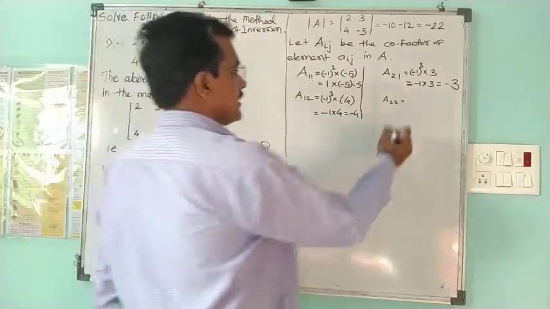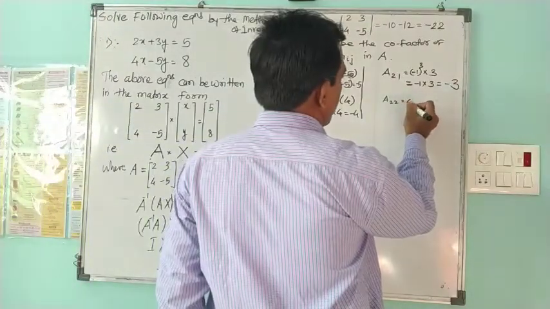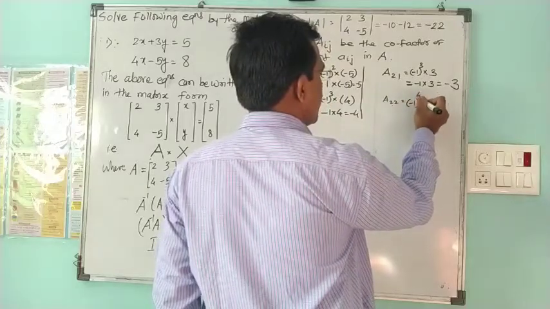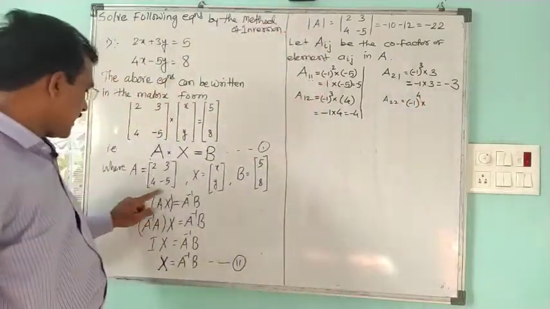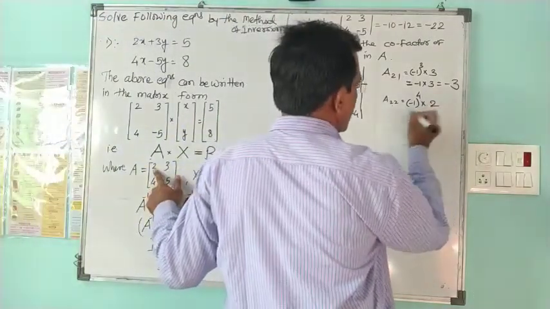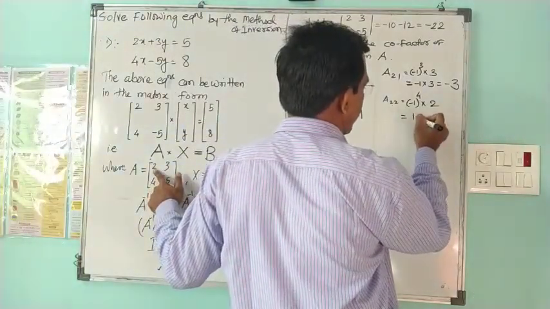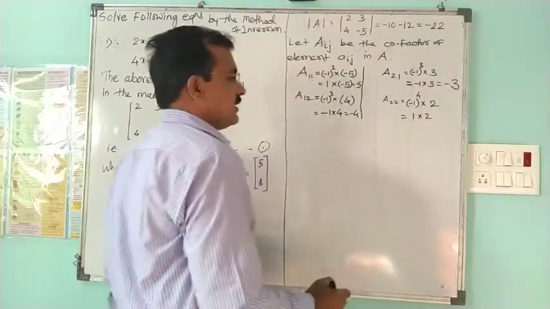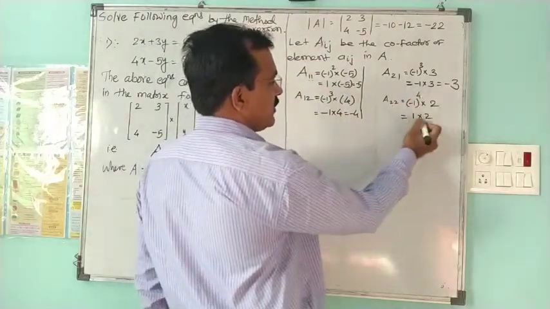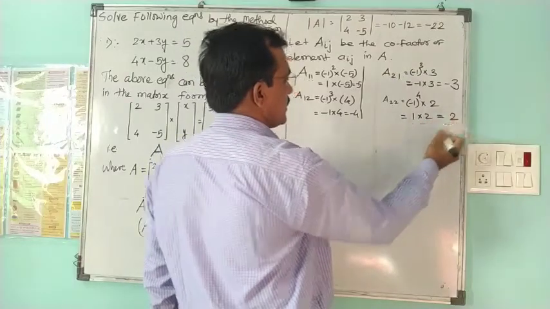And the last cofactor, A22, can be evaluated by using minus 1 raised to the sum of these subscripts, that is 4, and eliminating second row and second column, we will have 2. So positive 1 into 2, as even power of minus 1 gives us 1, into 2, so it is 2.